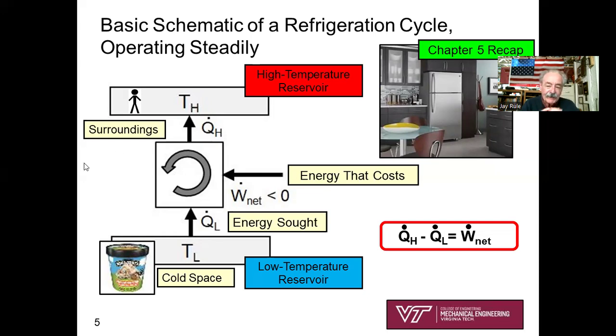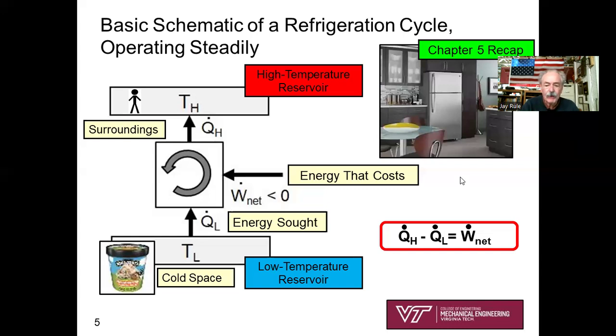I've tried to draw in a couple of little icons to help cement this in your mind. What are we trying to do? We're trying to keep, let's say, ice cream or other refrigerated or frozen goods cold, and we're transferring heat up into the surroundings. I've drawn a little stick figure that represents you standing in the surroundings. Remember coefficient of performance for a refrigerator: energy sought over the energy that costs.